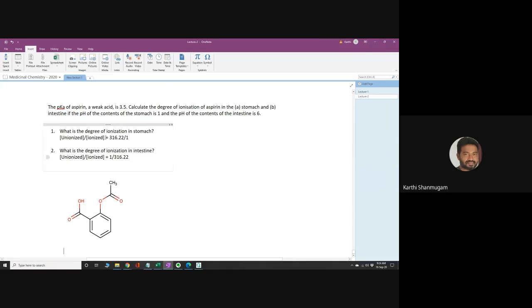Yes, sir. Okay, so they mentioned that aspirin is a weak acid, which means it is an acid, but it cannot dissociate completely. So can you tell which functional group corresponds to the pKa of 3.5? In one of the lectures we discussed the various functional groups and their corresponding pKa values.